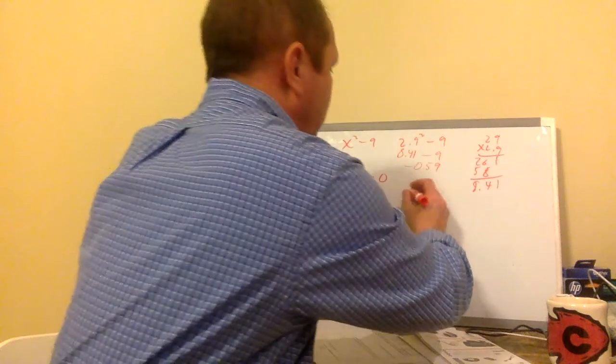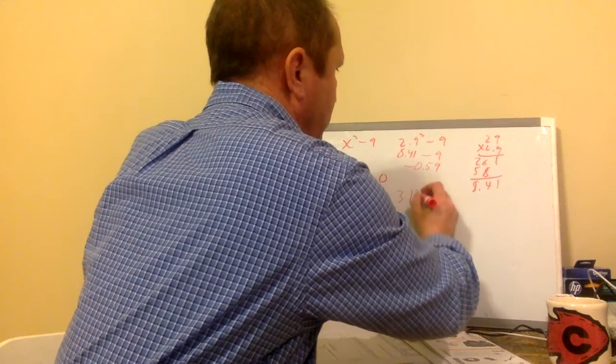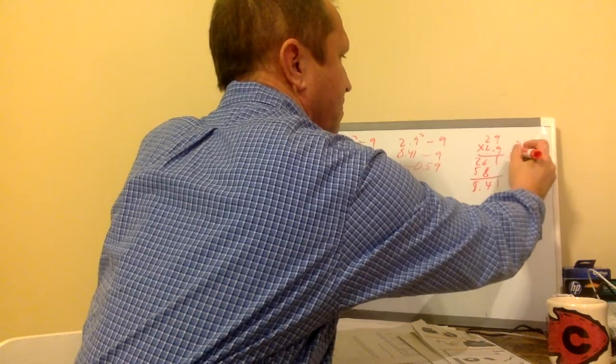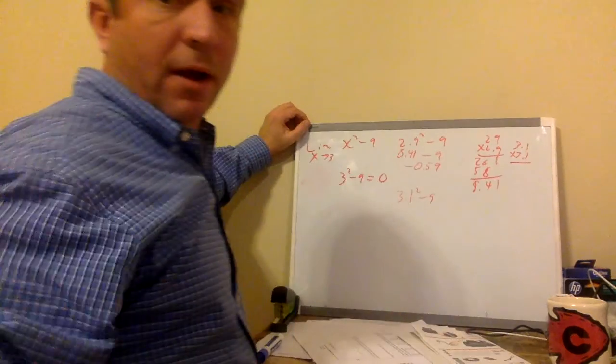Let's plug in 3.1 and square it. 3.1, if we square it, minus 9, okay. As you can tell, I left my calculator at school.